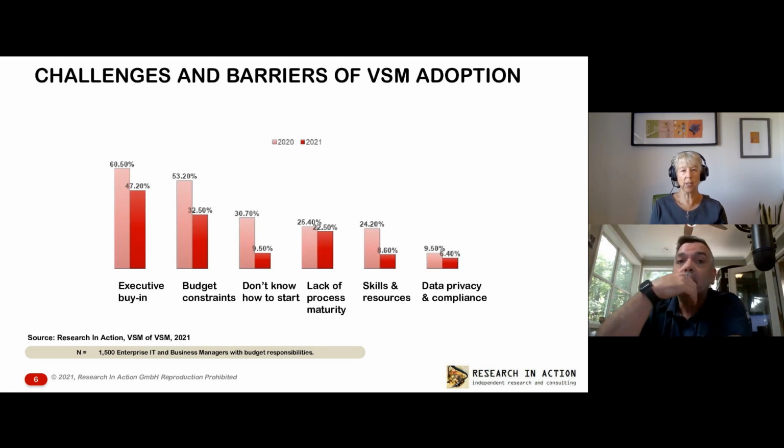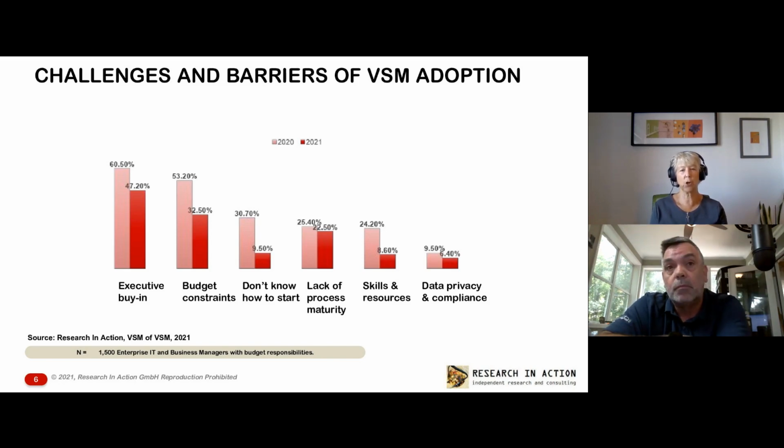In 21, it has changed. I don't have the 22 data, but we'll have that fairly soon. But you can see the barriers are getting less and less. They're still there: don't know how to start, lack of process maturity, skills and resources, data privacy and compliance. Those are all typical challenges.